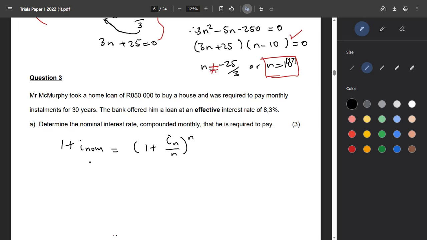So the interest rate was given as 8.3%, which needs to be converted. Divide that by 100, gives you 0.083. So this will be 1 plus 0.083. It equals 1 plus, we are looking for the i nominal, right?